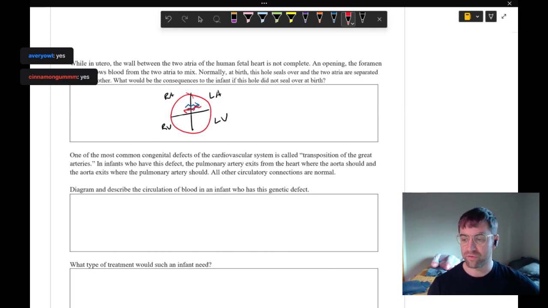This condition is called blue baby syndrome because your baby literally turns blue, because the blood going to the rest of the circuit isn't carrying all of the oxygen that it needs, since we have this mixing happening.